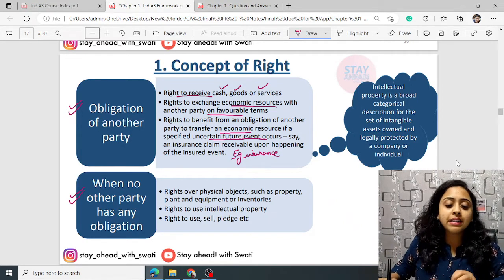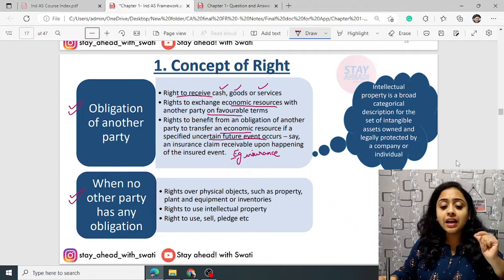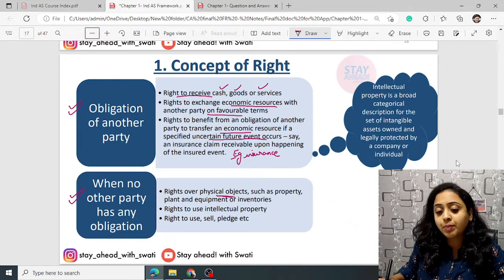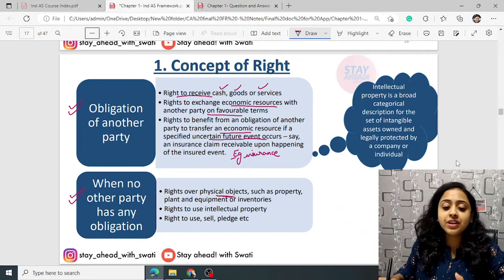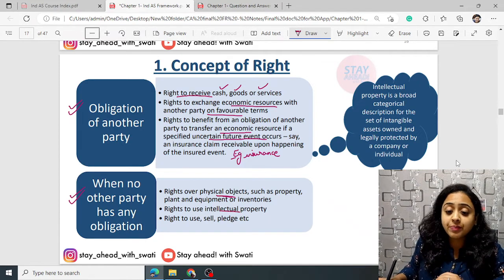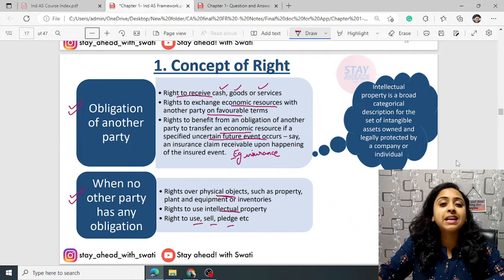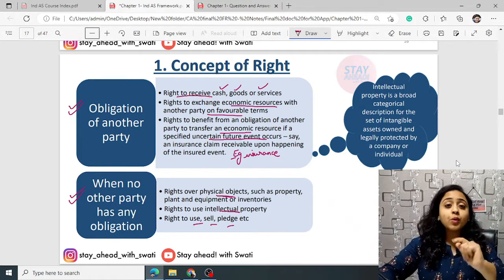When no other party has any obligation, there are rights over physical objects such as property, plant, equipment or inventories. For example, the right to use intellectual property, that means intangible assets. Right to use, sell, pledge, mortgage. What do pledge and mortgage mean? Let me clarify.